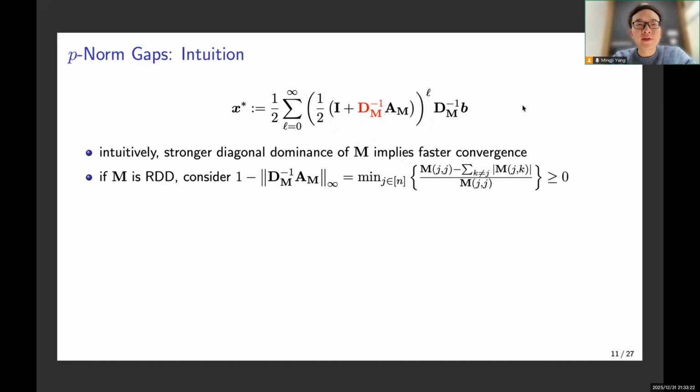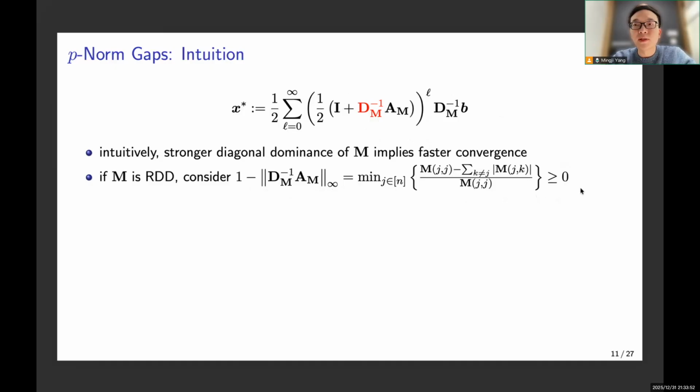To quantify this intuition, we can consider the following quantity for the RDD case, that is 1 minus the induced infinity norm of D inverse A, which equals the minimum over all the rows J, and the inside value measures how much the diagonal entry in the Jth row dominates the sum of other entries in that row.